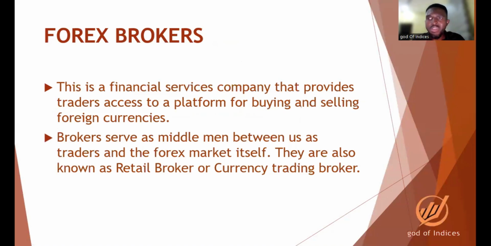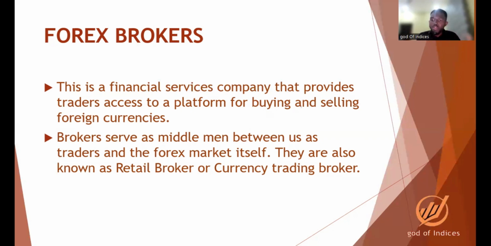We trade the currency pairs through brokers. Brokers are like middlemen that provide a platform for retail forex traders like me and you to be able to buy these currencies, because it's a global market. So there has to be a middleman, the interface between you and the market space.